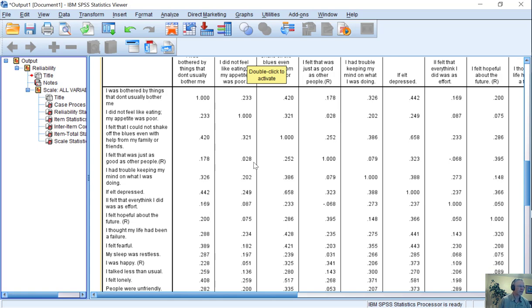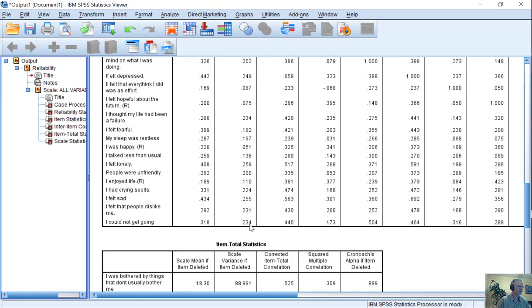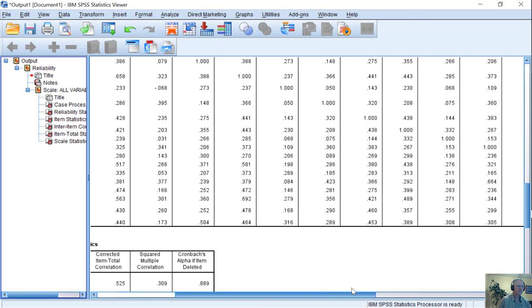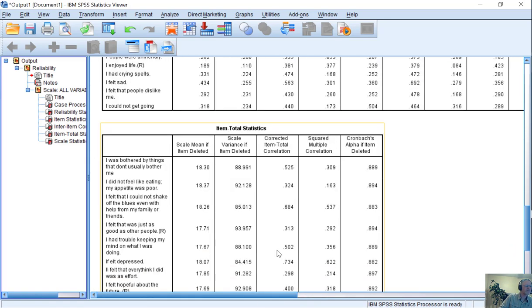It was barely correlated with poor appetite. Poor appetite was barely correlated with the number of items, especially those positive items. You see that the correlations overall, a lot of them are low and weak, but there's a lot of items, and lots of items helps contribute to a positive alpha.